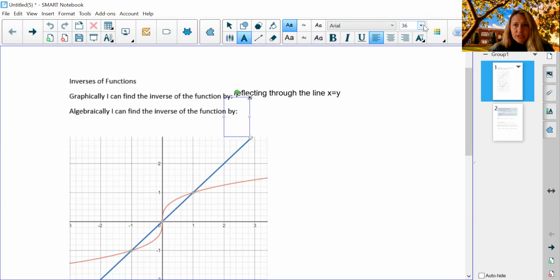Algebraically, this is what we just talked about on the other page, I can find the inverse by interchanging x and y, then solving for y.